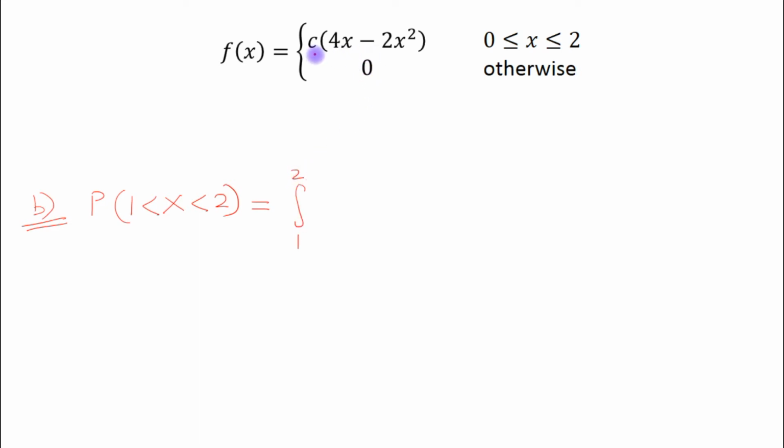We have already found the value of c, which is 3 upon 8, and 4x minus 2x squared dx. Now I think that you can solve it further by taking its integration along with these limits 1 to 2. Fine.